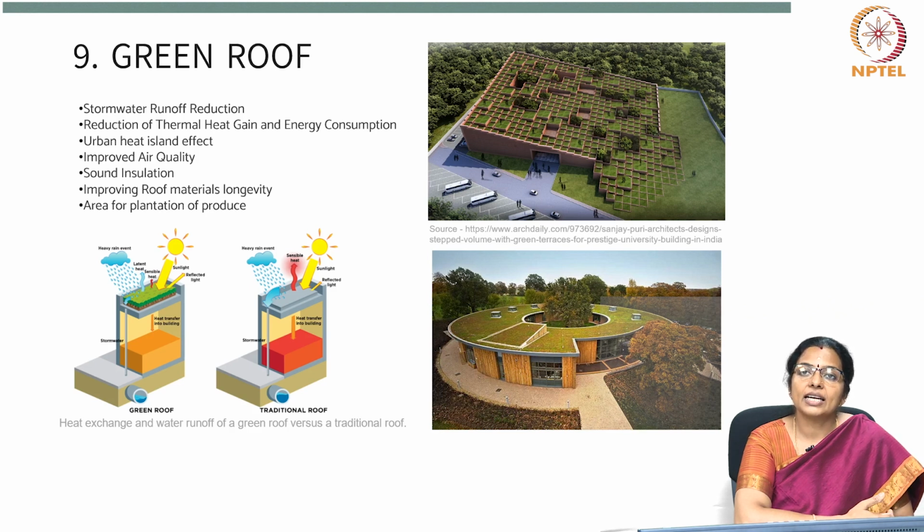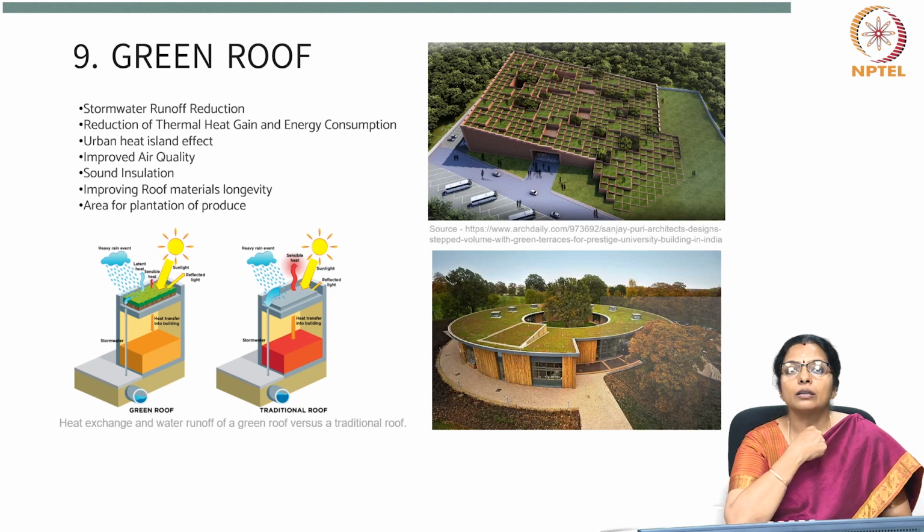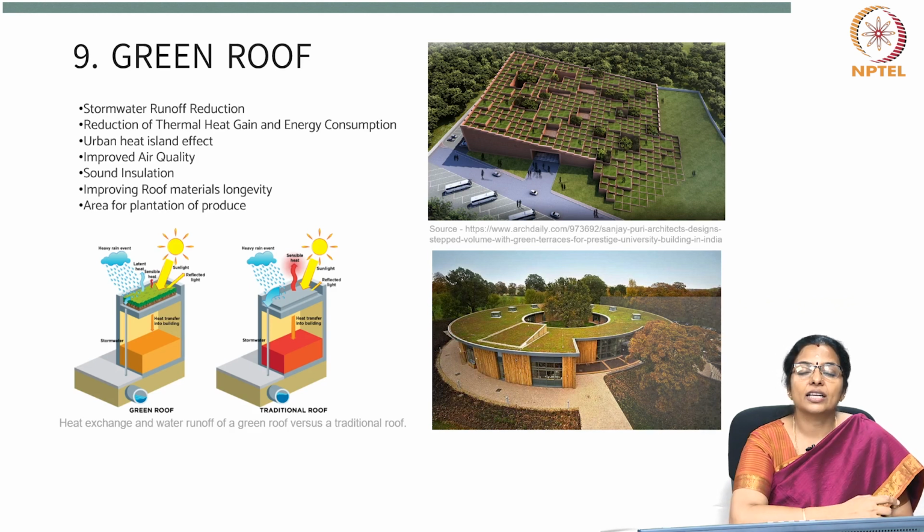The urban heat island effect gets reduced because the roof of the building does not reflect too much heat. If the roofs of all buildings in a particular area do not reflect heat, then the heat island that is formed in urban areas gets reduced.